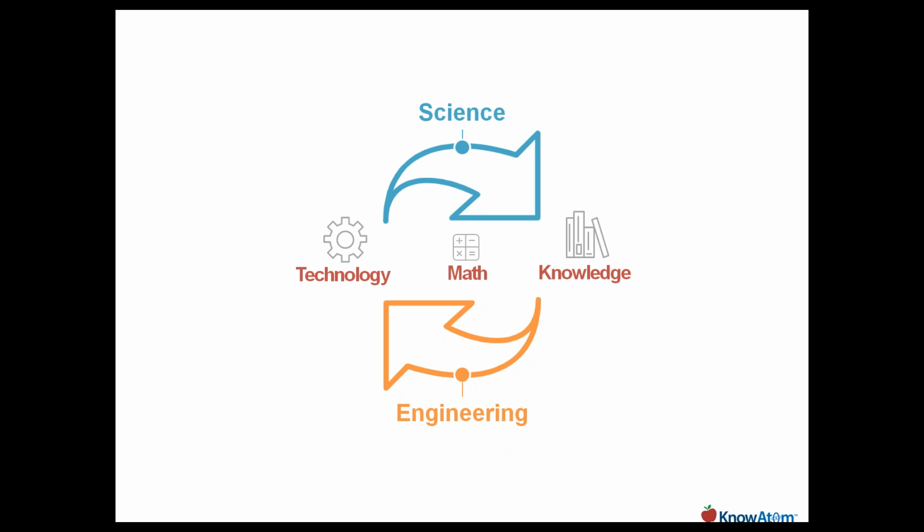Engineers use that scientific knowledge to solve problems. Engineers identify problems, use their scientific knowledge to solve them, and they do that by developing prototypes, testing those prototypes and gathering the data, and then using the data to decide whether that prototype should be refined or replicated. And if it's replicated, that's technology.